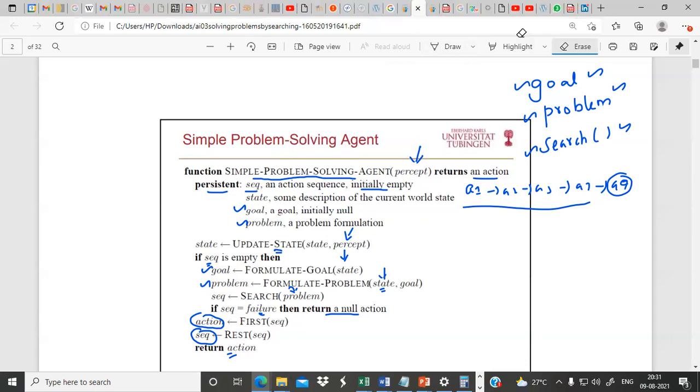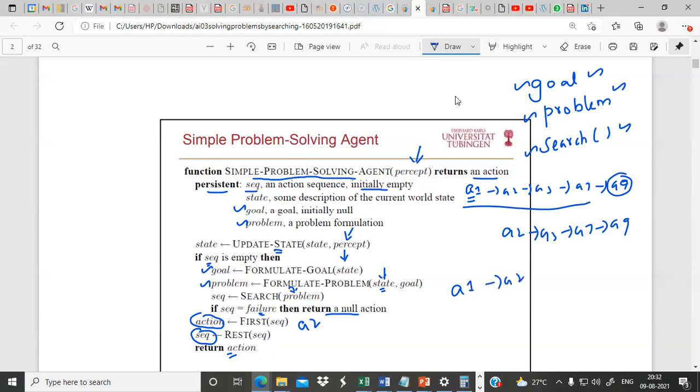It starts with the initial state, so let us not forget the initial state also. So probably this sequence may include A2, A3, A7 and A9. So first means it will take only A2 and return A2. It returns A2, which means that it is telling the agent that from A1 you just go to A2.